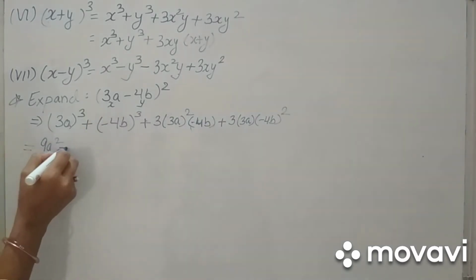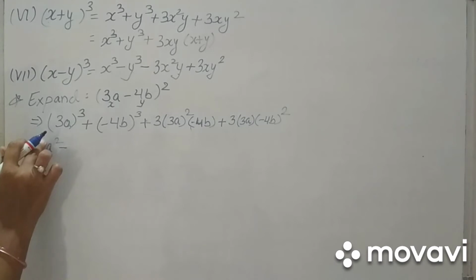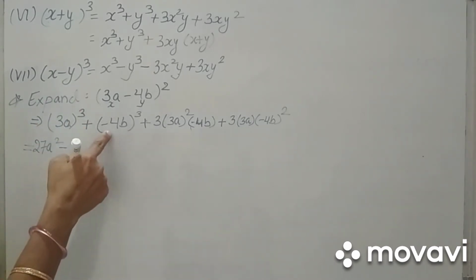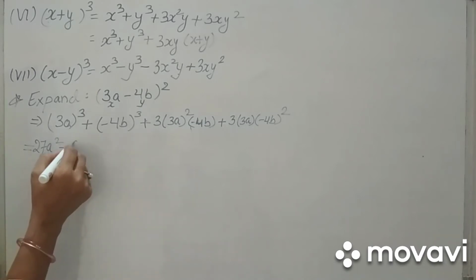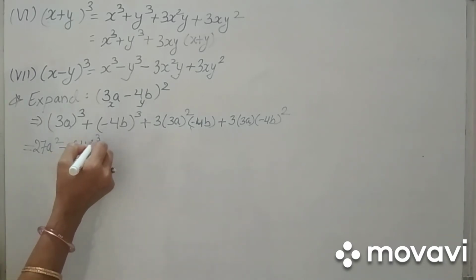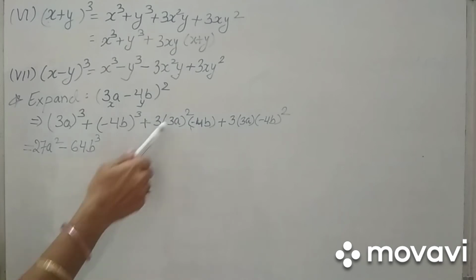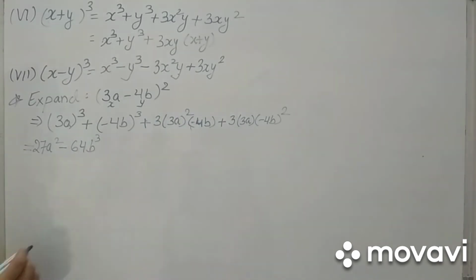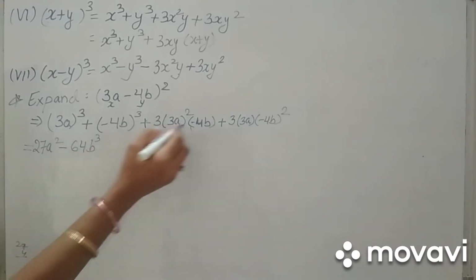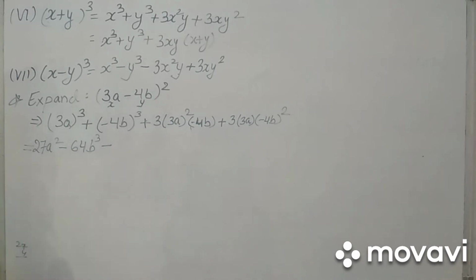Now cube it is there, so I will get minus. Cube of 3 will be 27. Cube of 4, 4 4 is 16, 16 4 is 64 b cube. Now here 9 into 3, 27 into 4. And 1 minus sign is there, so minus you will write it.